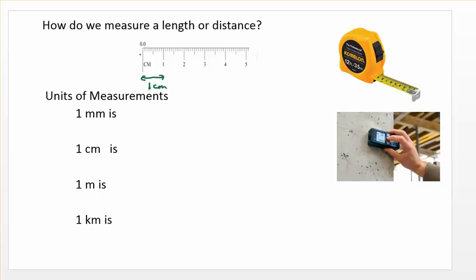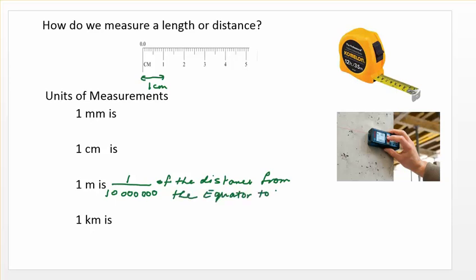But why is that particular length 1 centimetre? Why is that allocated? Well, it goes back in history. In the late 1700s, the French actually come up with the idea of what a metre is. And you may have heard this, you may not have, but a metre is actually defined to be 1/10,000,000th of the distance from the equator to the North Pole.